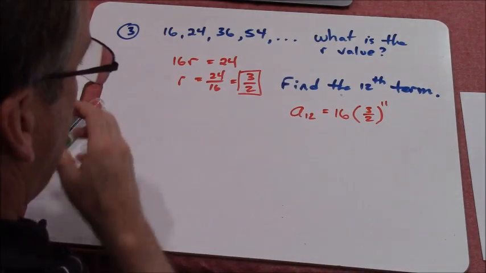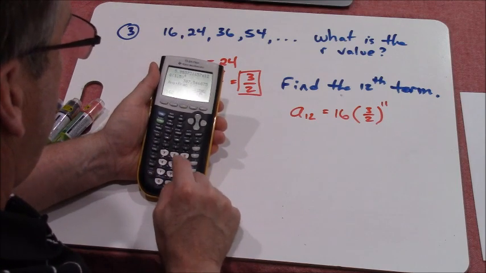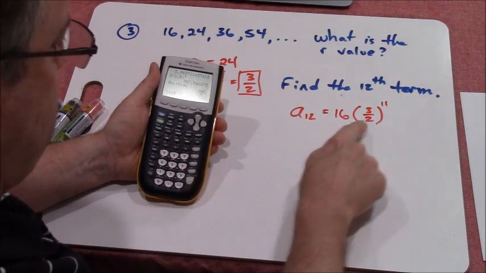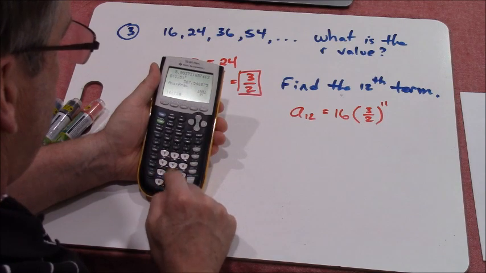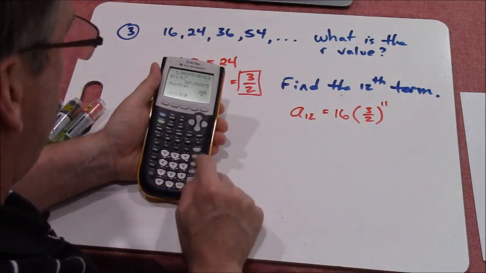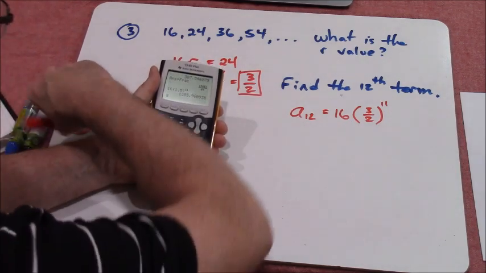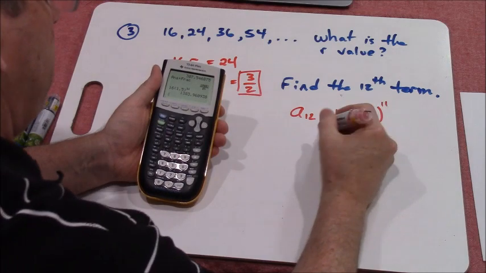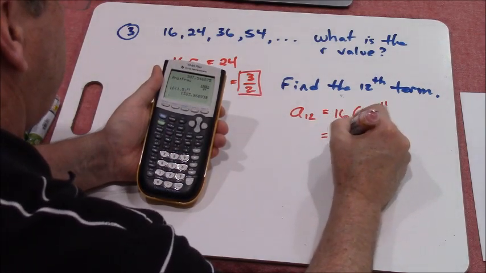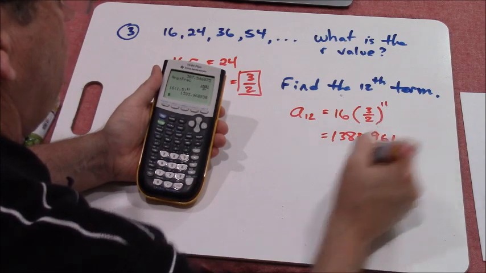And so I'll go to my calculator. I've got 16 times, I'll call that 1.5 again, but you can put it in as 3 divided by 2, and then raise that to the 11th power. And so what I got for an answer is 1,383.961.